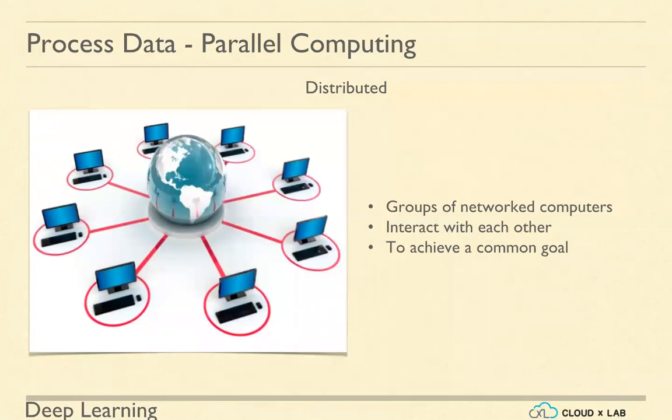To be able to clean the data on a larger scale, we require parallel computing. Parallel computing means utilizing many CPUs, many processors, many computers in parallel to solve a problem.